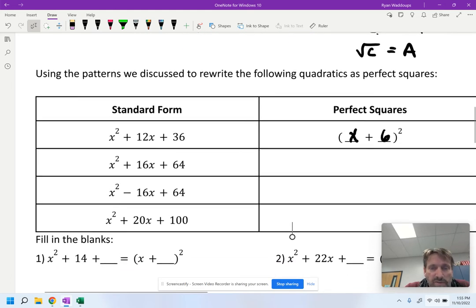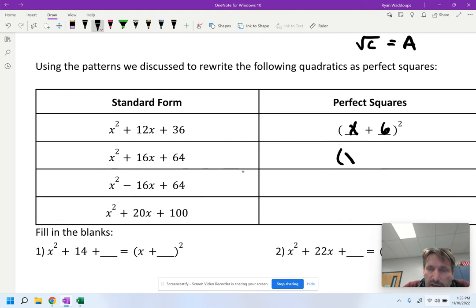And x squared plus 16x plus 64, that's x plus something squared. Also, I look at 64, and the square root of 64 is 8. And so x plus 8 quantity squared is equal to x squared plus 16x plus 64. And this middle term is twice what a is. 12 is 6 times 2. And 16 is 8 times 2.